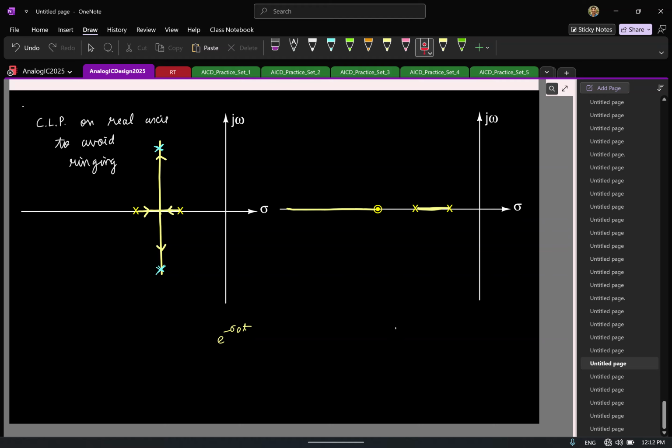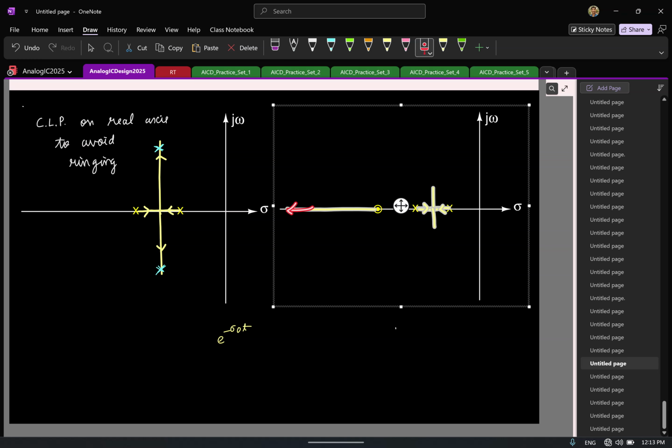Again, the way to think of it is this. Let us say you didn't have the zero at all. It was, let us say, at infinity, at large frequencies. The closed loop poles would have started here and would have gone like this. But now it cannot get lost in the s plane forever, because I know one of them has to terminate at this point, and the other should go to infinity, and it should go to infinity here, correct? So then what is the logical thing?